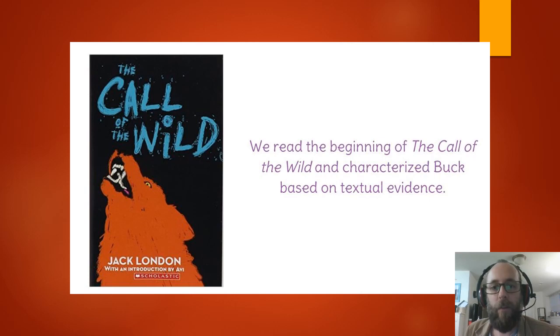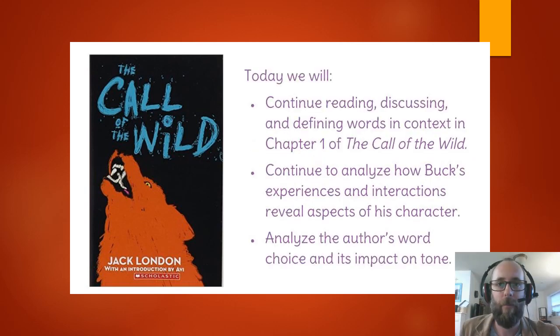Okay, so last lesson, we read the beginning of Call of the Wild and we characterized Buck based on the textual evidence. Again, it is so important that we use the text as evidence when we are describing a character. Today, we're going to continue reading, discussing, and defining words in context.